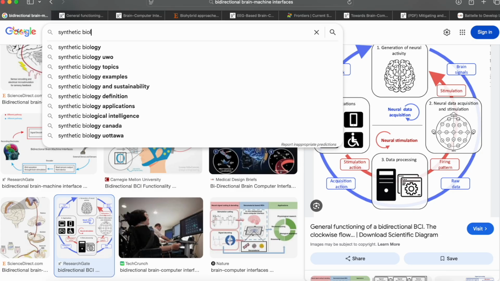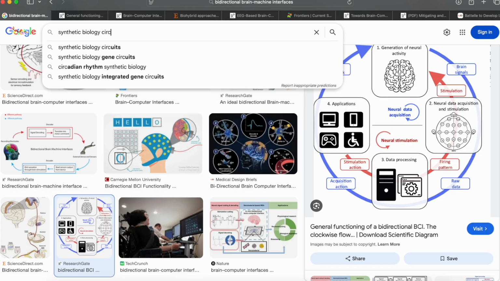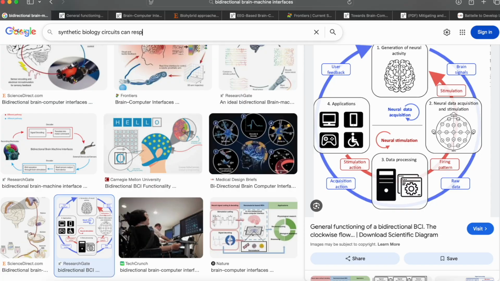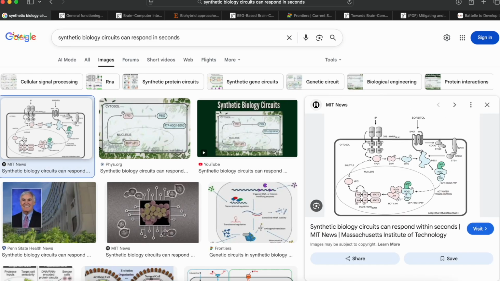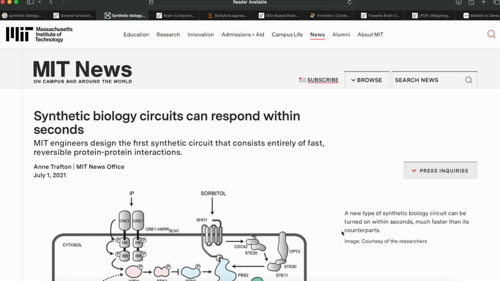Synthetic biology circuits can respond within seconds. And let's click on this lovely image here. This is from MIT. MIT engineers designed the first synthetic circuit that consists entirely of fast, reversible, protein-to-protein interactions.